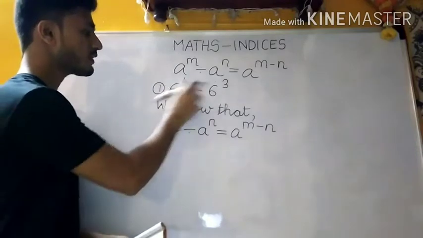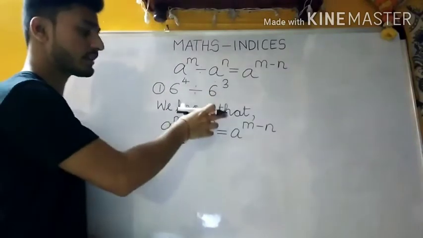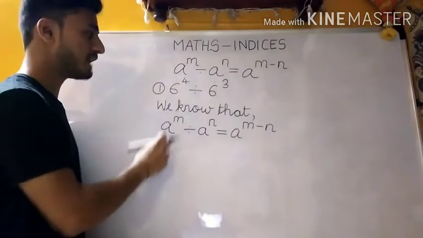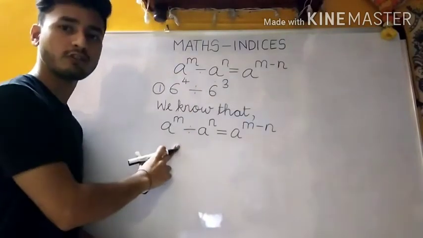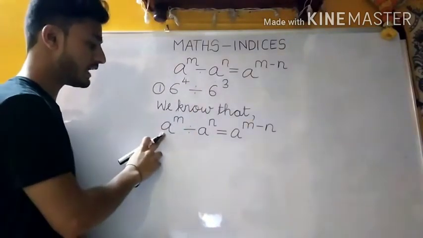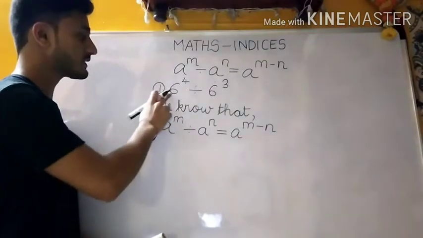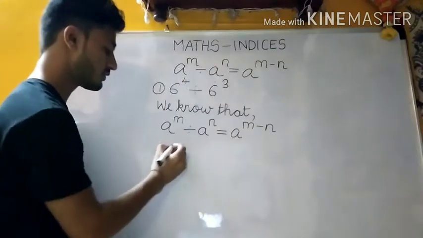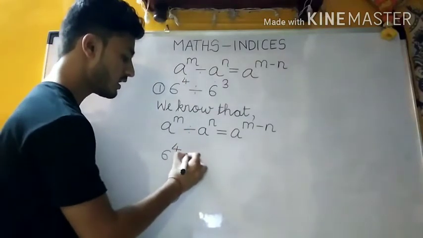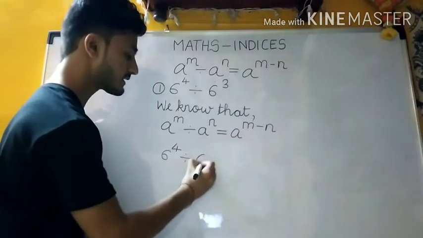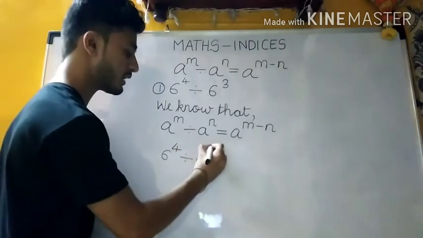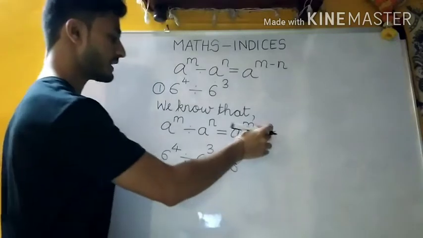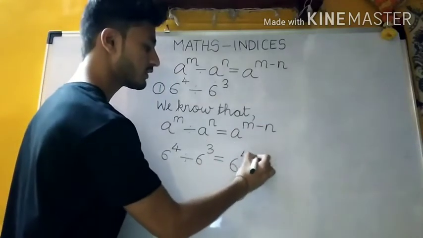We again write the formula because it is compulsory, and then write the question in the form of the formula. Here a is 6, m is 4 and n is 3, so 6 raised to the power 4 divided by 6 raised to the power 3 is equal to 6 raised to the power 4 minus 3.